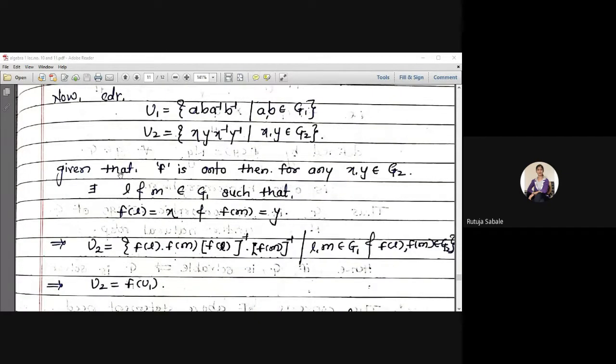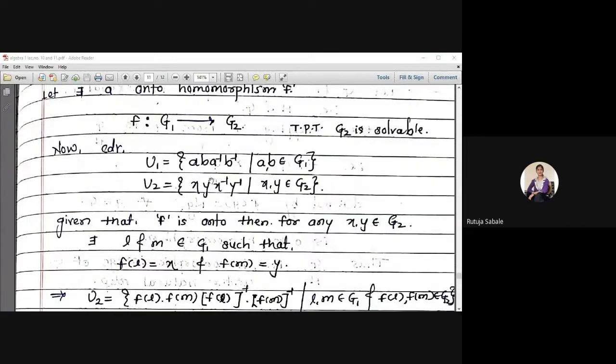Now, given that f is an onto homomorphism, then for any x, y belonging to G2, there exist l and m belonging to G1 such that f of l is equal to x and f of m is equal to y. Look here, f is onto. Onto means every element of the codomain has a pre-image. Where? In G1.